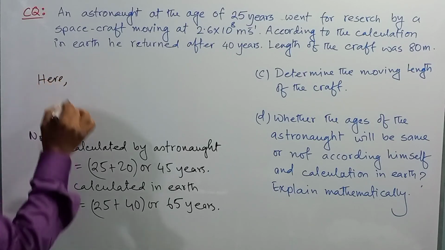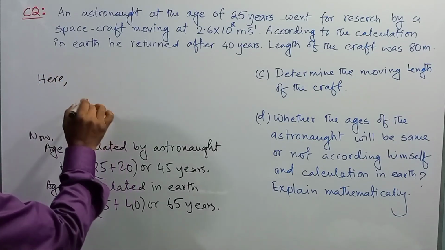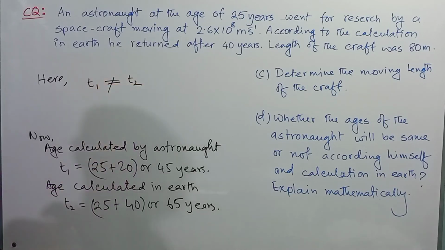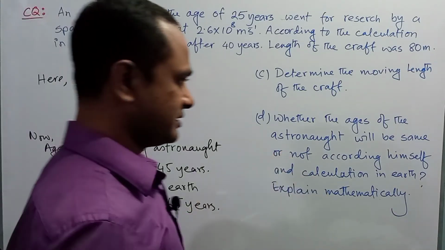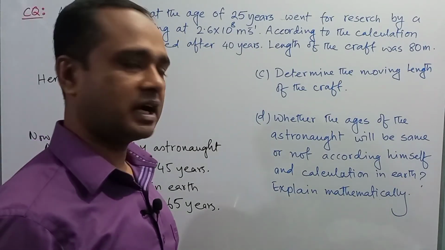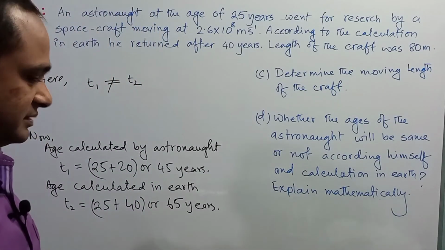Here T1 and T2 are not equal. So we can say that the ages according to the astronaut and the calculation on Earth will not be the same.